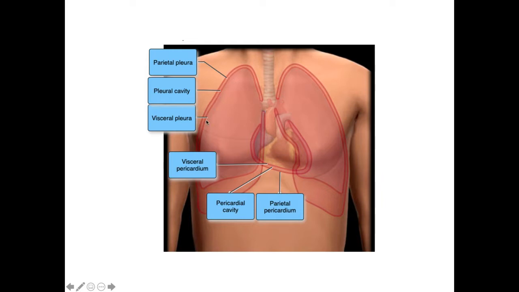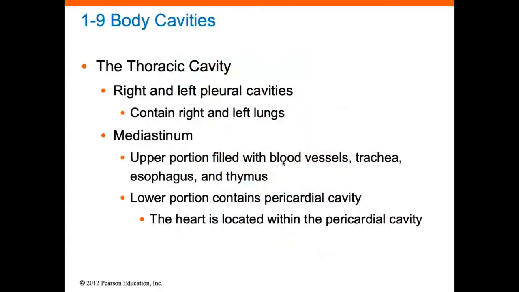The part that's inner, covering the viscera or the organ, is the visceral pleura. Then you have a parietal pleura, and then you have a pleural cavity. So pleura refers to lungs, pericardial refers to the heart. When we talk about the abdominal organs, we're going to use the word peritoneum.